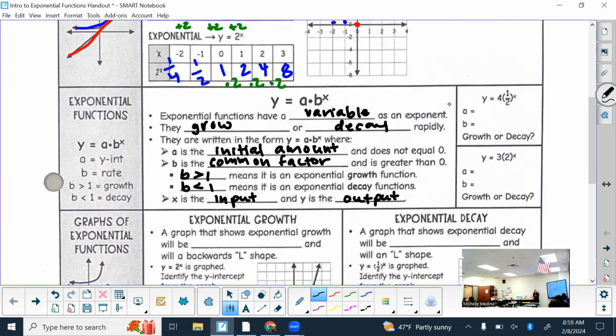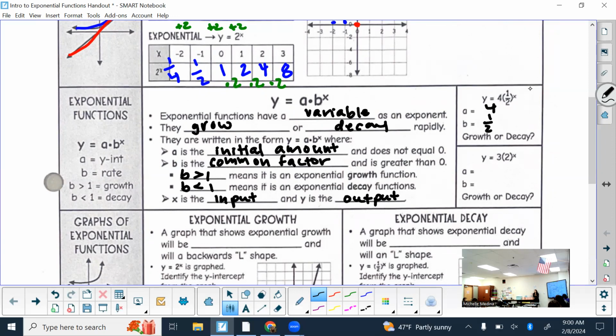Okay, Brady, for this example to the right of it, what's my a value? Okay, good. Devon, for this example right here, what's my b value? Not 2. 1/2, good. And that's attached to the exponent, that's how I know it's my b value.